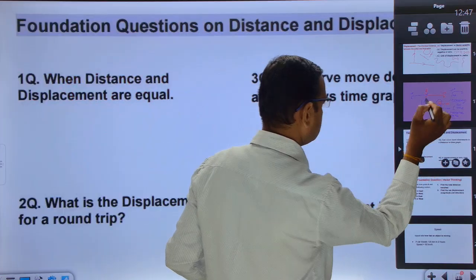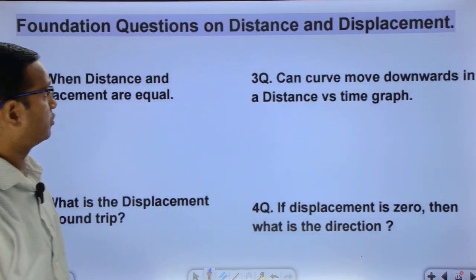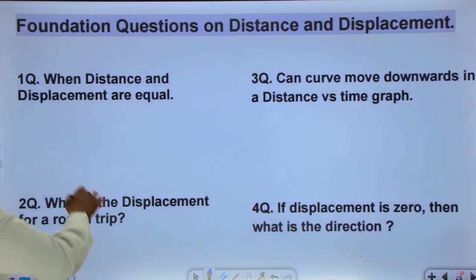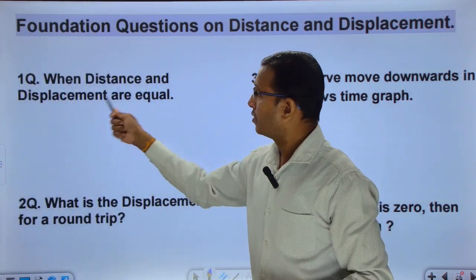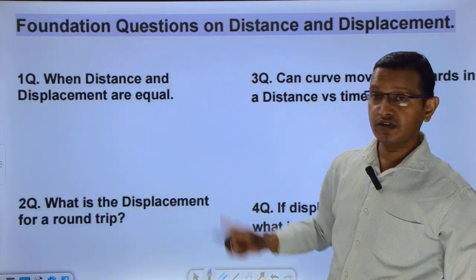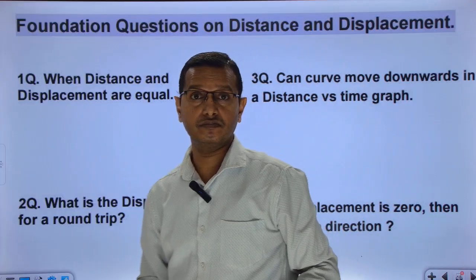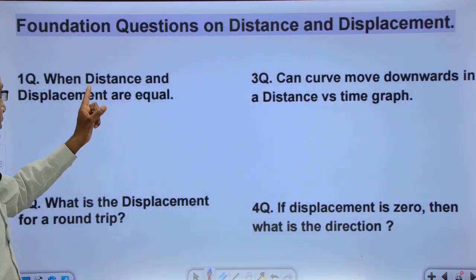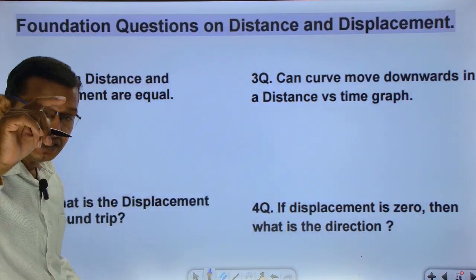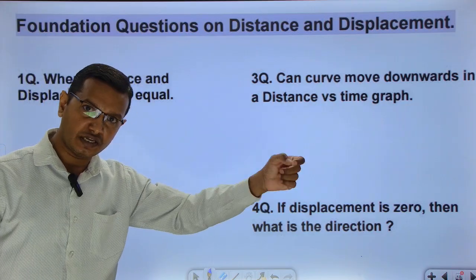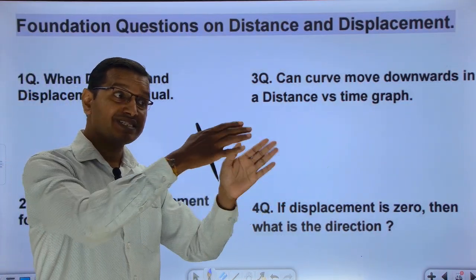Now let us see some basic questions related to this concept of distance and displacement. The first question: when are distance and displacement equal? Distance and displacement will be equal if and only if the object is moving in a straight line path.